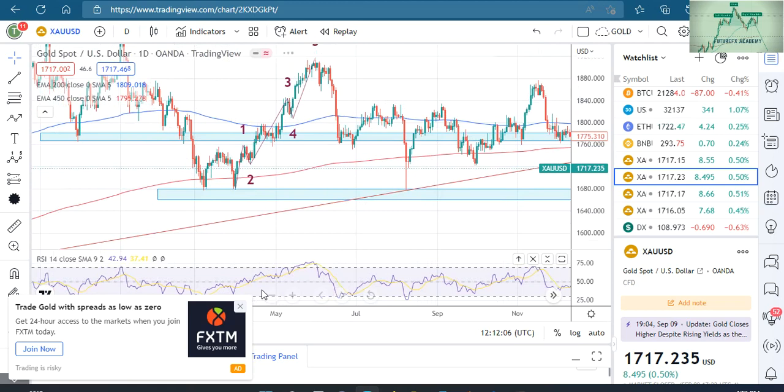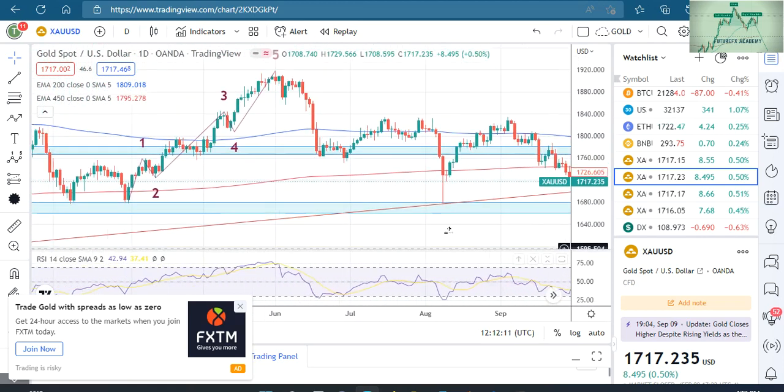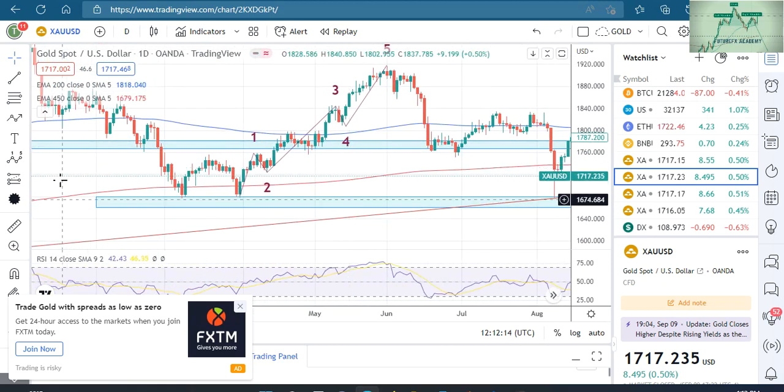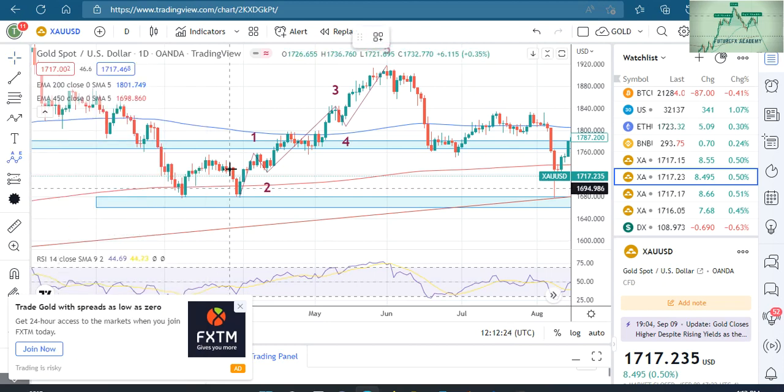Meanwhile, inside wave three, there is another complete wave cycle. So inside wave three, we have some motive waves within here.